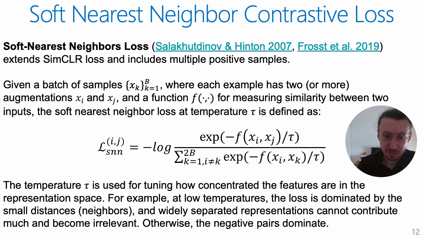This is also expressed in the equation, where sim is the cosine similarity score and tau is the temperature scaling. Similarly as in the MixMatch description, we also use this tau to control the temperature, and in this case, if tau is small, then the loss is dominated by small distances, meaning that the positive pairs play a much bigger role than the negative pairs. Otherwise, the loss is dominated by the negative pairs for high temperatures tau.